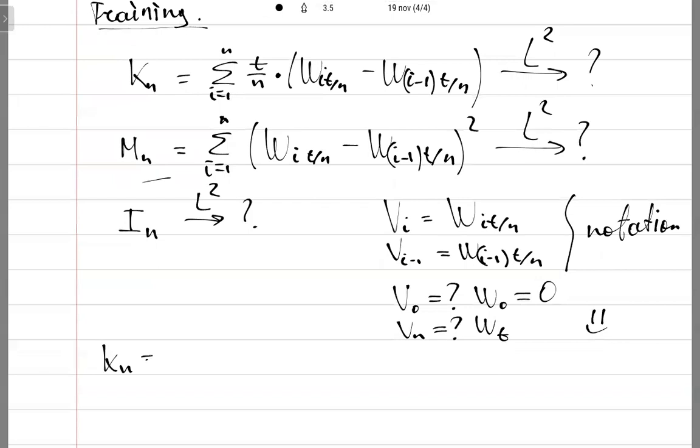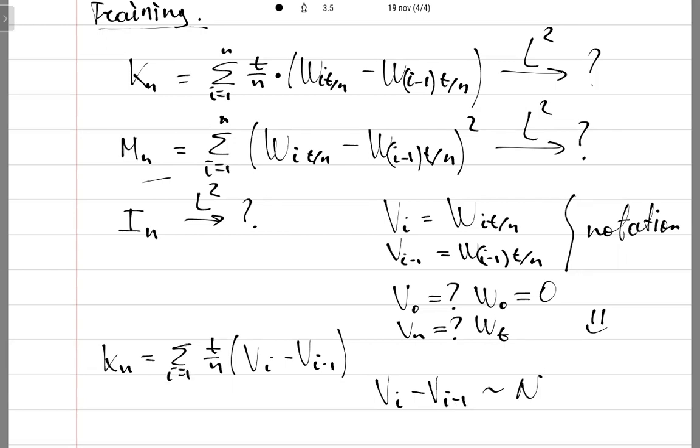So K_n is just the sum of T over n times (V_i minus V_{i-1}). What is the distribution of V_i minus V_{i-1}? According to the properties of the Wiener process, the increment is normal, with mean 0 and variance not 1, because of the time difference.